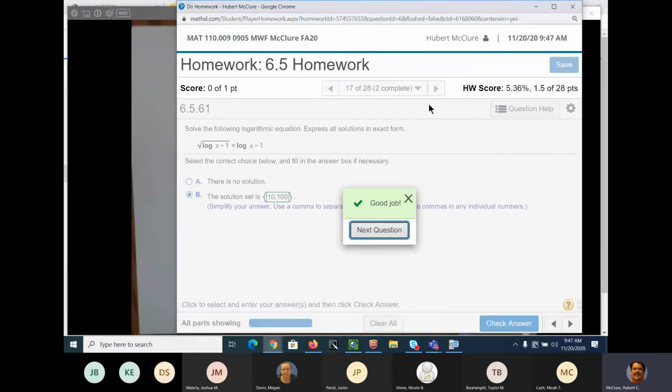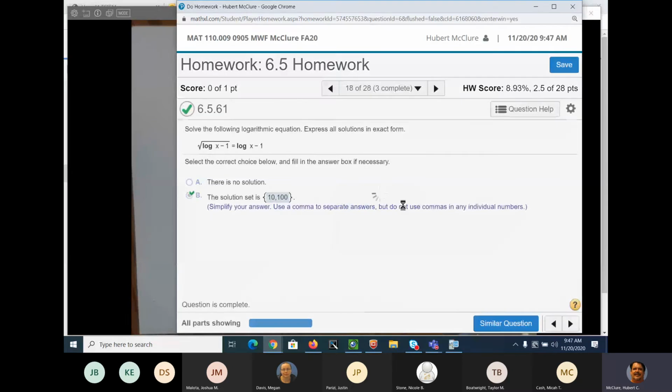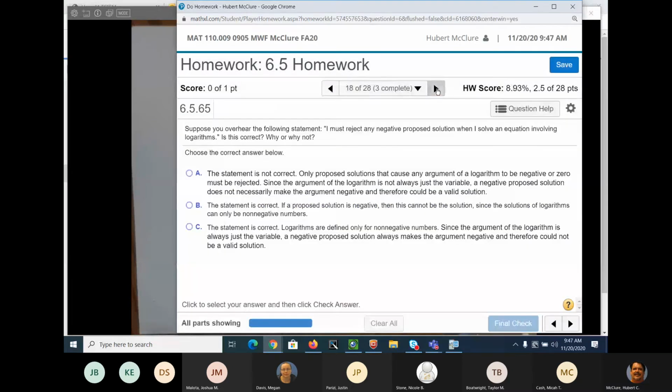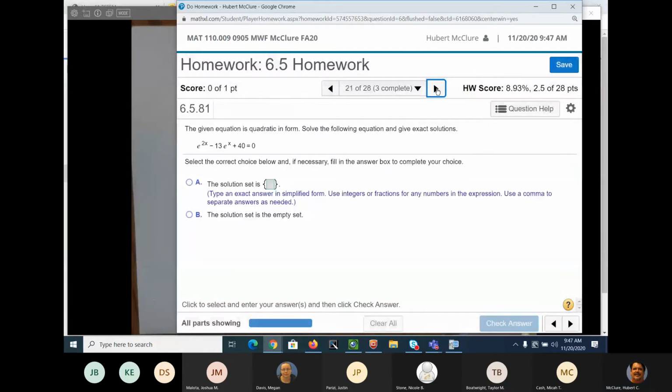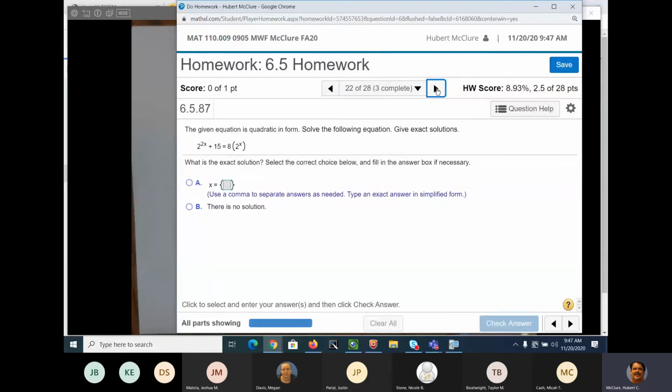Let's see if I can find one. Nope. Nope. That's a shortcut. That's simplify.